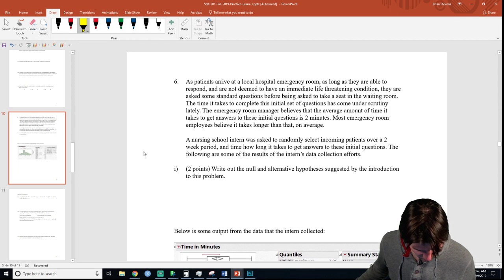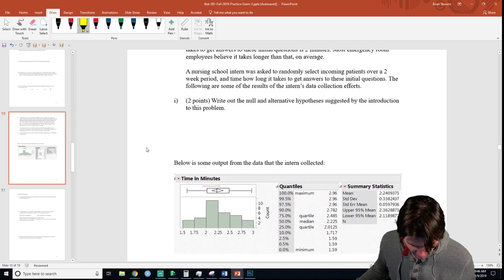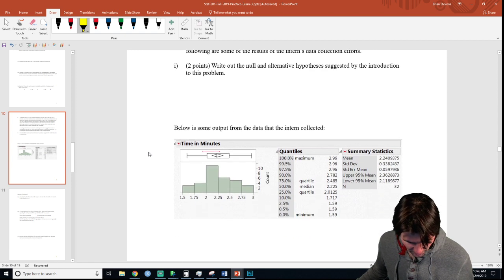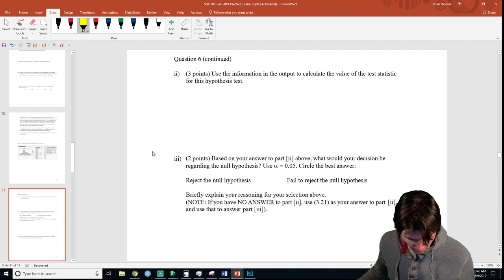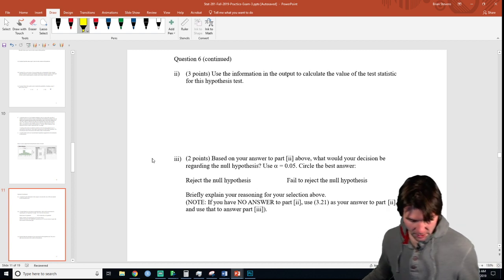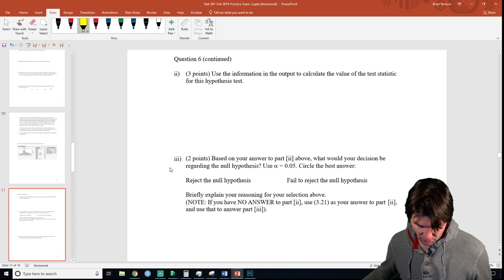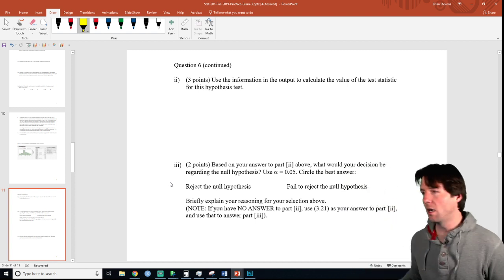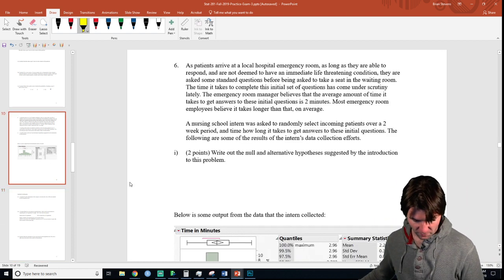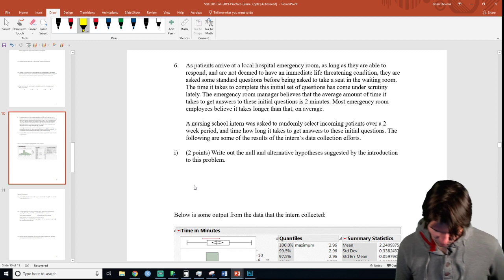Is this question 6? Which one's question 6? We're at the null alternative. Looks like we're testing one mean right here. Okay, wait, here we go. Based on your answer to part 2, would your decision be to reject or fail to reject the null? I think this is a greater than test. Don't quote me on this. Can people confirm in the chat? Let's see.